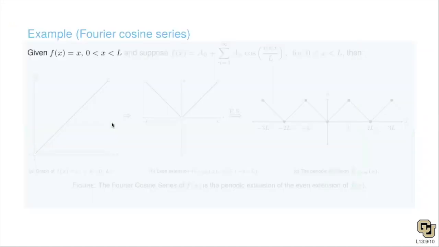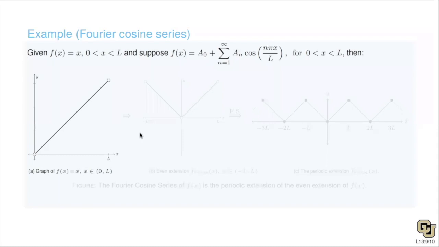Here's a picture. I'll stop after this. I start with x defined on 0 to L, and suppose we have the Fourier cosine series of this function. We use the projection formulas and integration by parts and calculate a sub 0 and a sub n. So here's what the Fourier series would converge to, based on our theory. Start with the original function, create what's called the even extension by reflecting it about the y-axis.